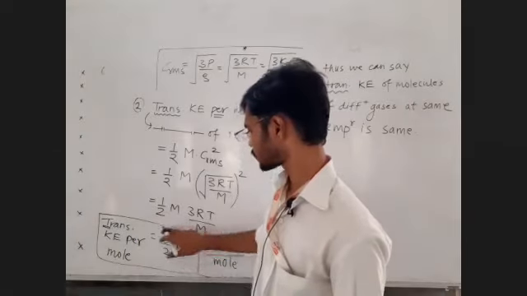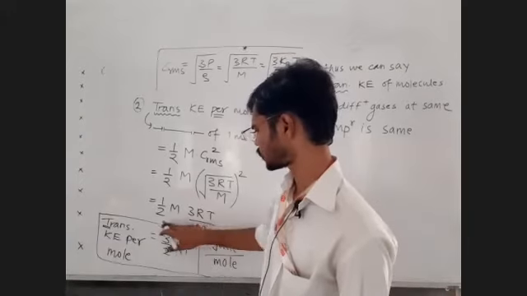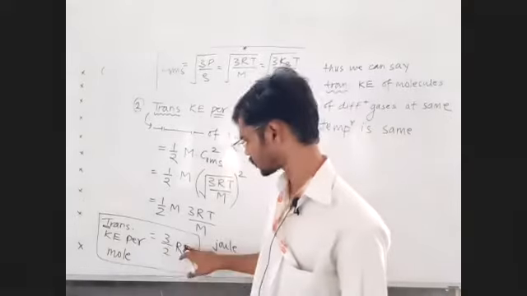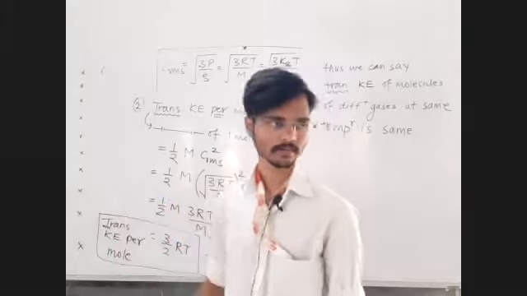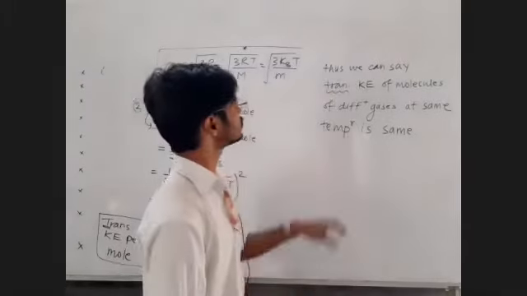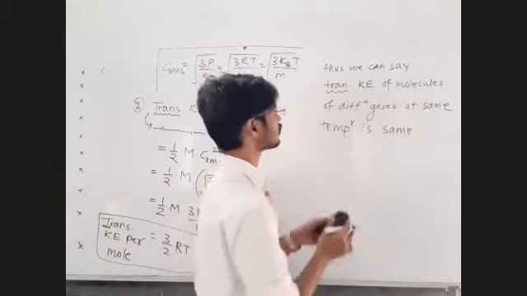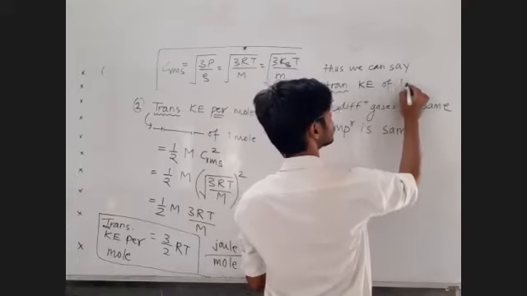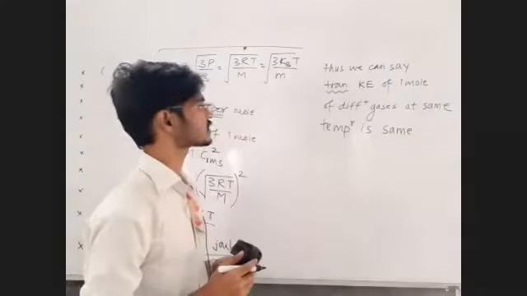In this formula, it doesn't matter whether it is 1 mole of oxygen, hydrogen, or ozone. If you have 1 mole at a given temperature, its kinetic energy will be this, whichever gas it is. Thus we can say that the translational kinetic energy of 1 mole of different gases at the same temperature is the same.